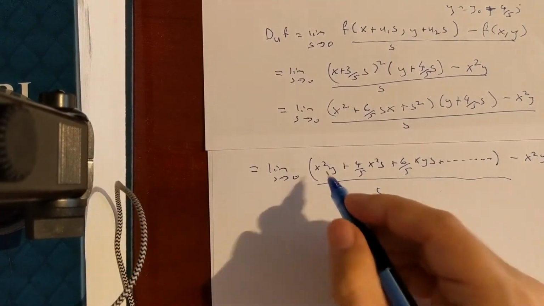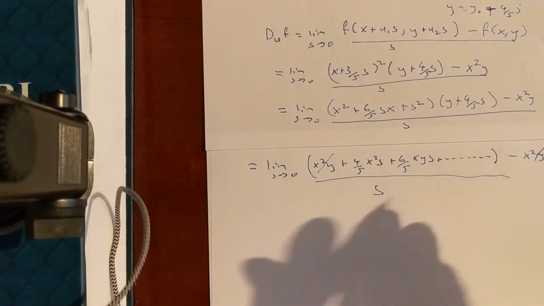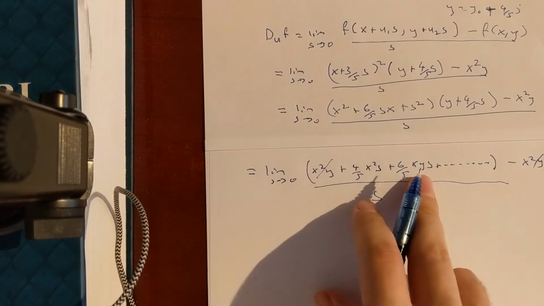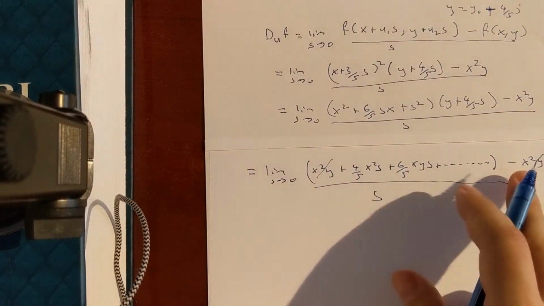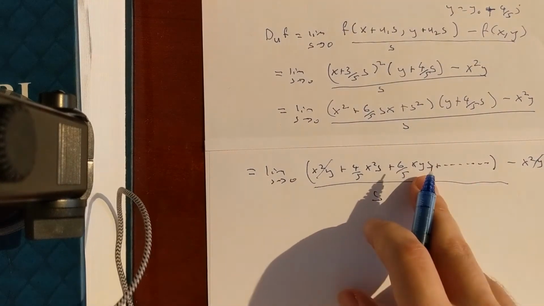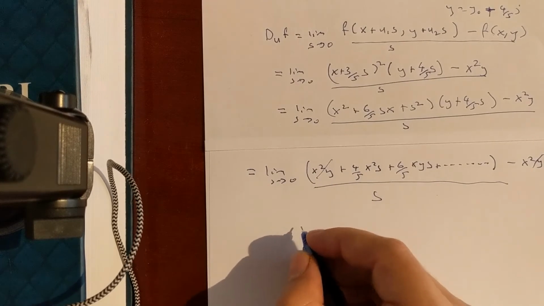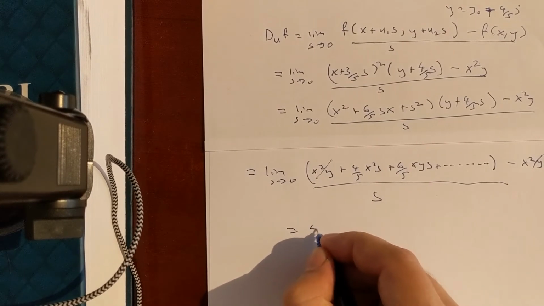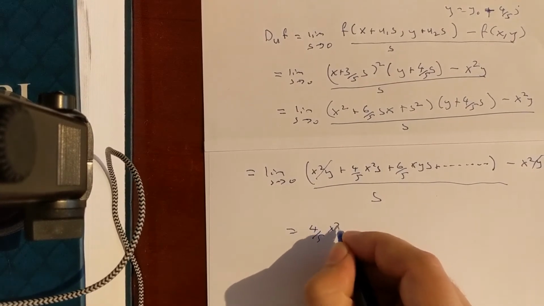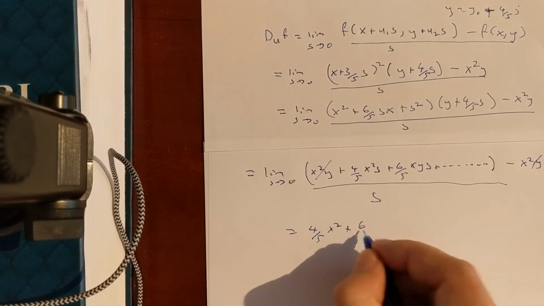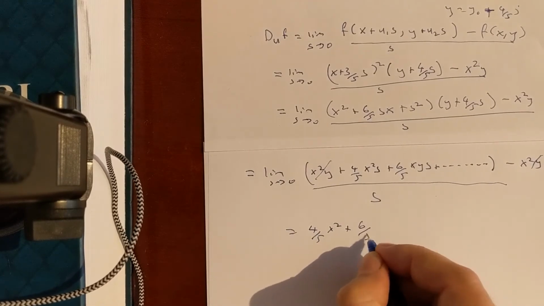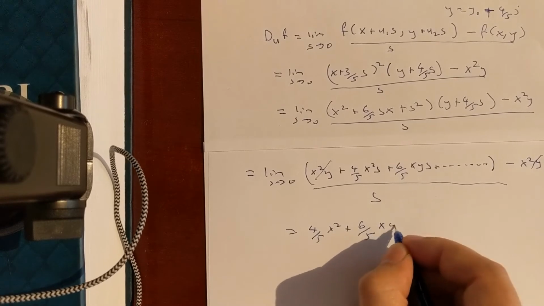Now, the nice thing here is, of course, these guys cancel out, and I only have these terms plus some s squared terms plus some s cubed terms, so the only guys that are going to survive are going to be this. So once I cancel out the s, it's going to be 4/5 x squared plus 6/5 x times y.